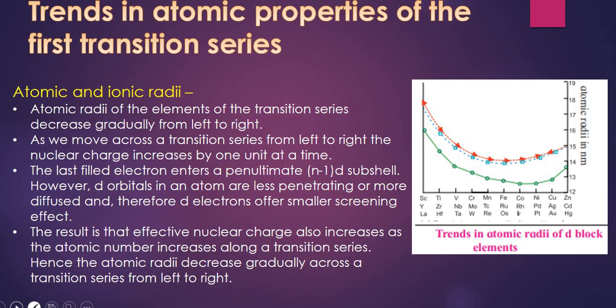I can say here that for the same oxidation state, with an increase of nuclear charge, a gradual decrease in ionic radii is observed. The trend is pronounced for divalent ions, maybe chromium ion, maybe cupric ion.